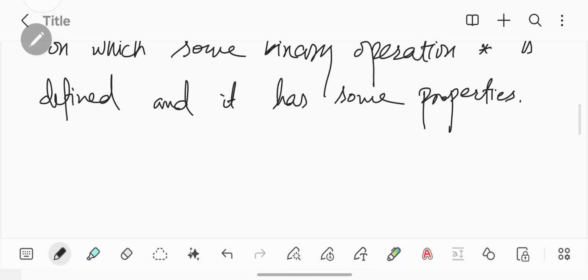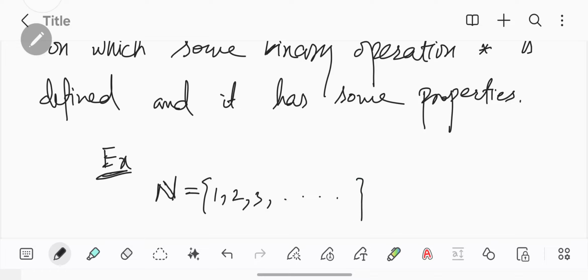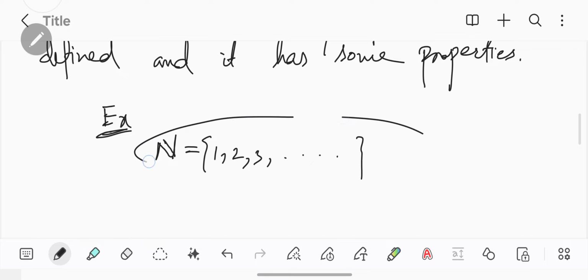Here are some examples. The set of natural numbers, which is just 1, 2, 3 and so on. This set is an algebraic structure with the binary operations addition and multiplication, right?